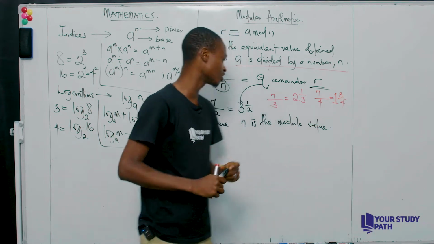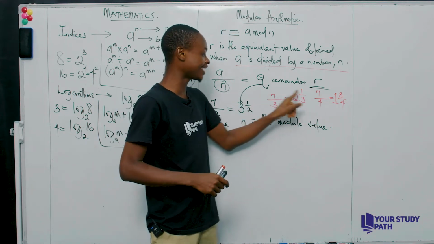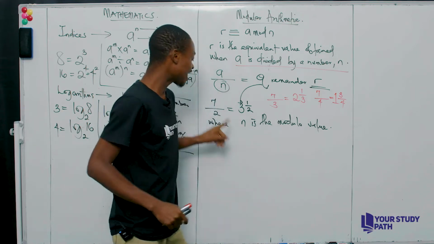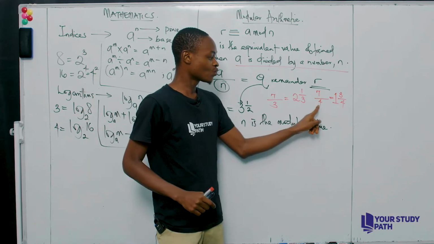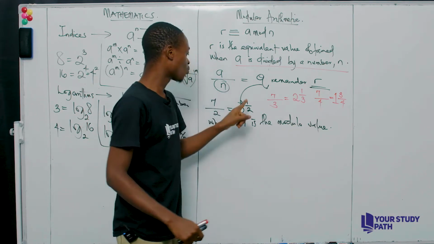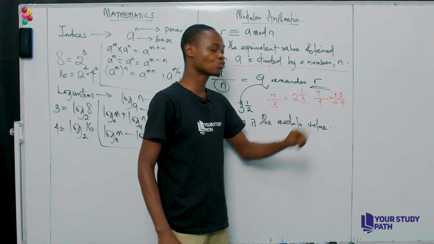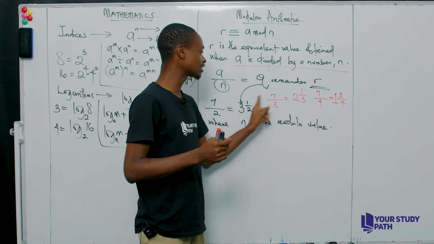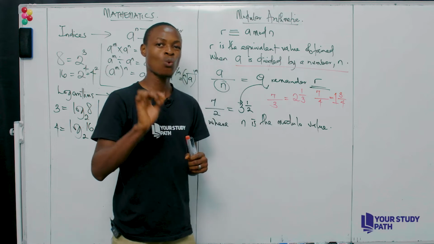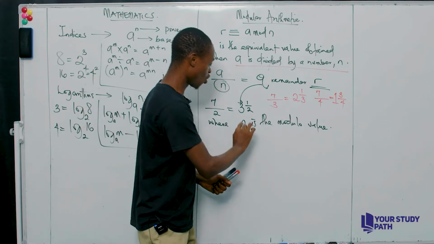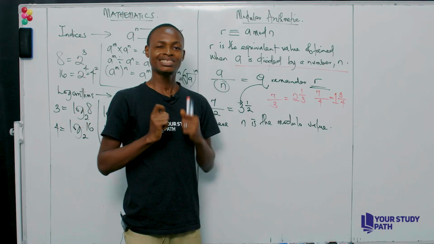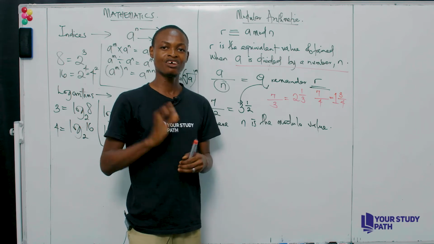What does this tell you? It means that even though you are using that same number, that modulo value determines what the remainder will be. And all these remainders will be valid within the concept of that modulo value. This is what makes modular arithmetic very, very important.